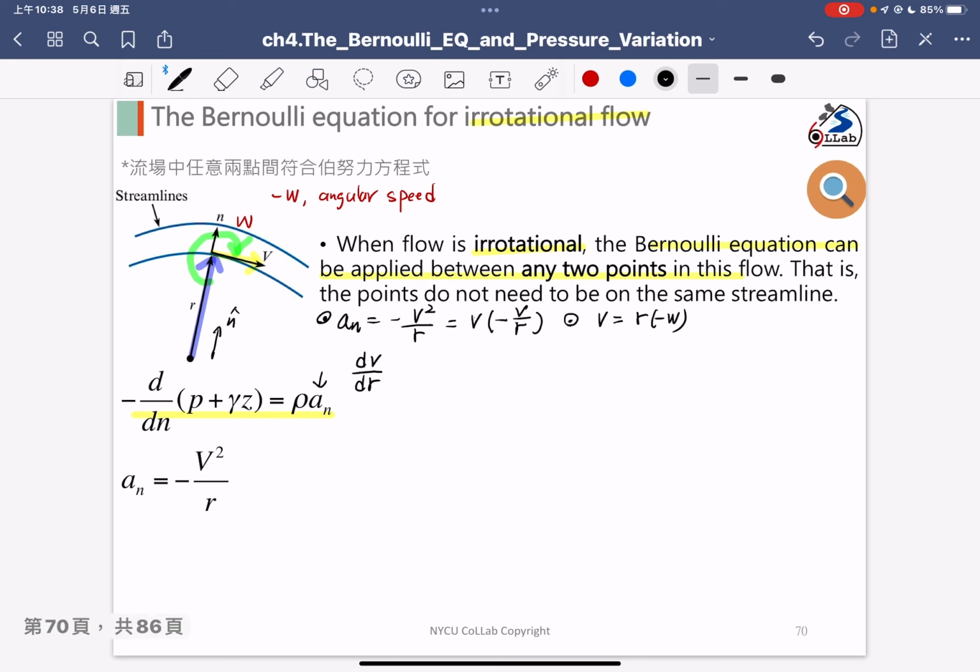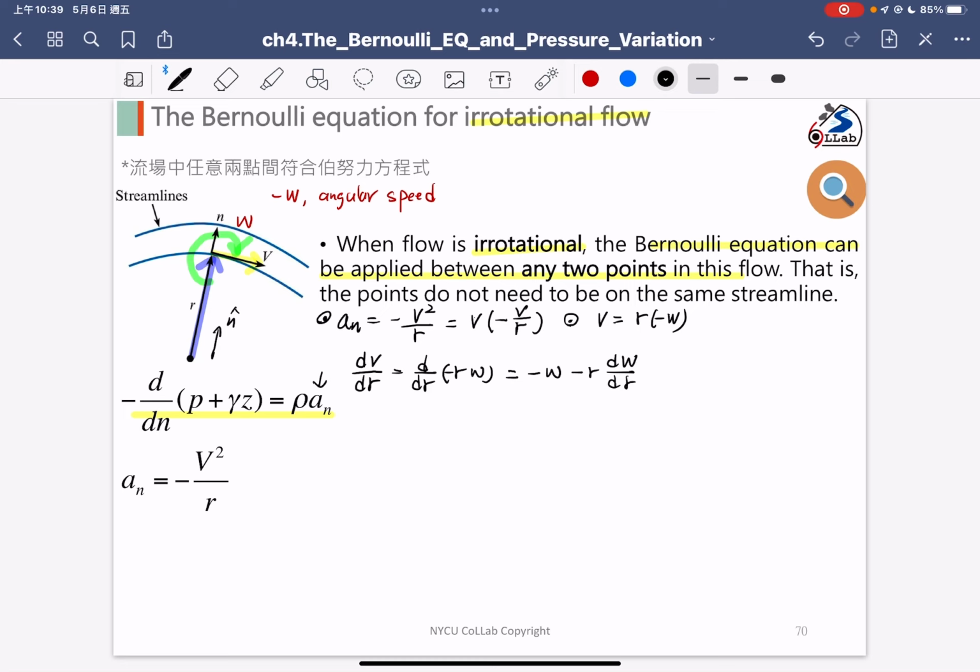So if we go back to see here, we need to calculate dv dr, but the inside is minus r omega. So I can calculate the differential along r: it is minus omega minus r d omega dr, right? The d omega dr.